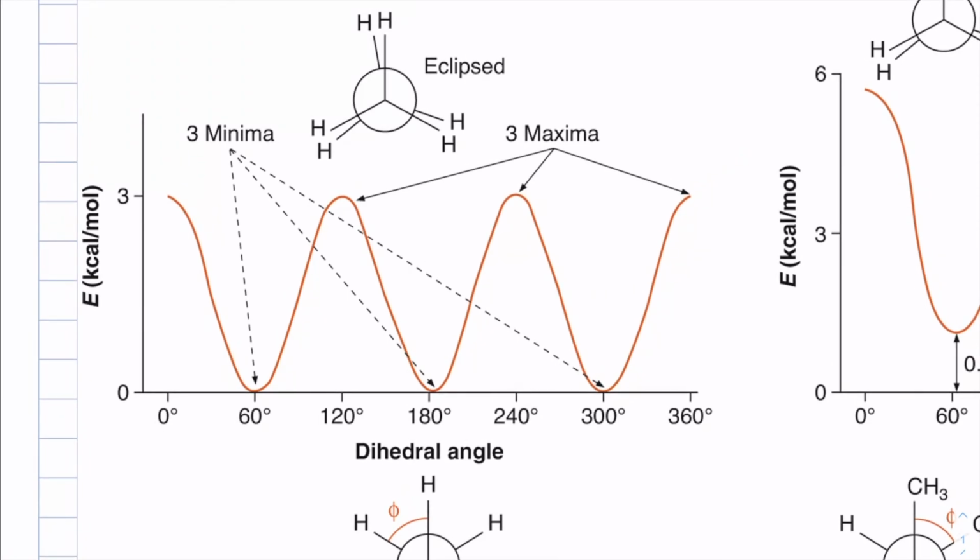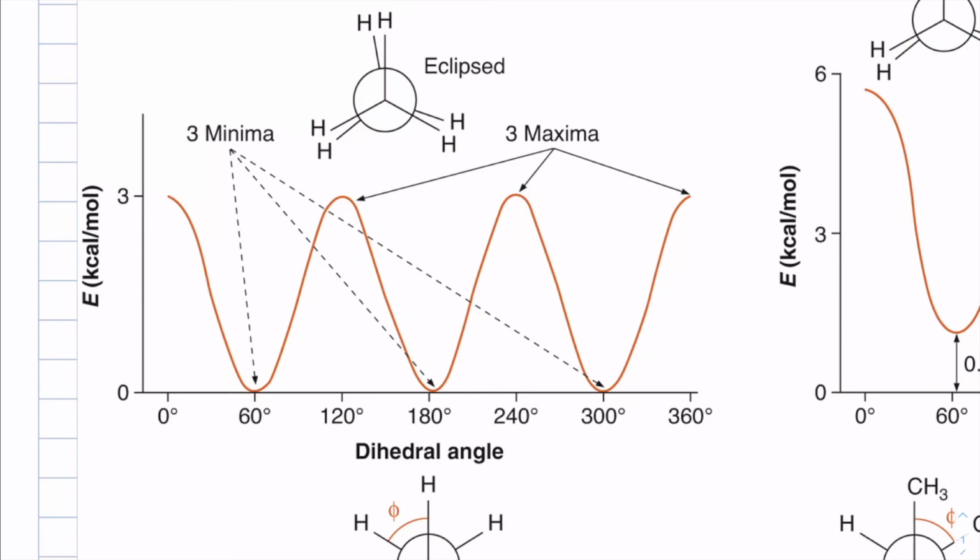Interesting feature here is that the barrier to rotation in ethane is about 3 kilocalories per mole. Now, in terms of equilibrium constant, that's huge. In terms of the thermal energy that's available at room temperature, that's not so huge.